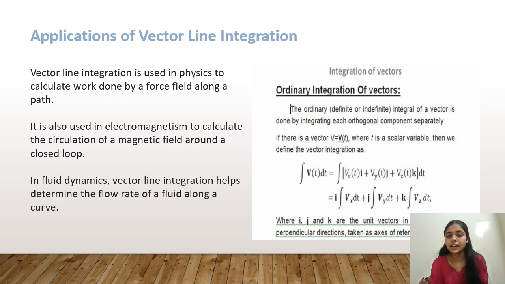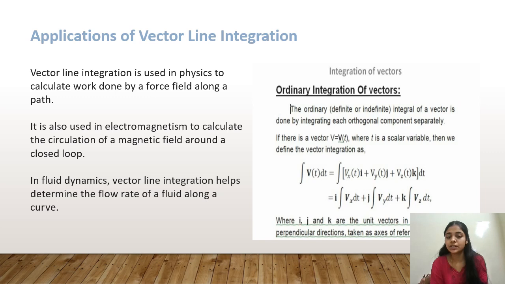This is the ordinary integration of vectors. The ordinary definite or indefinite integral of a vector is done by integrating each orthogonal component separately. If there is a vector v equals v of t, where t is a scalar variable, then we define its vector integration.